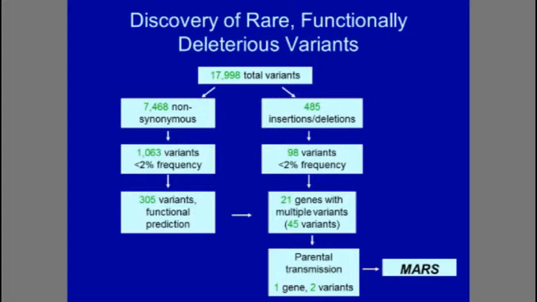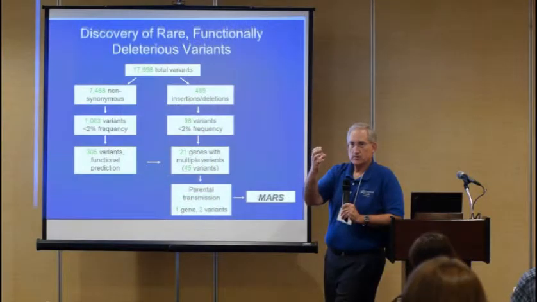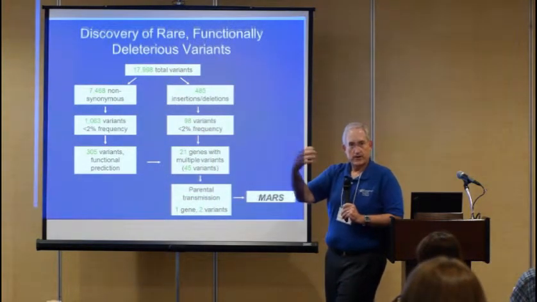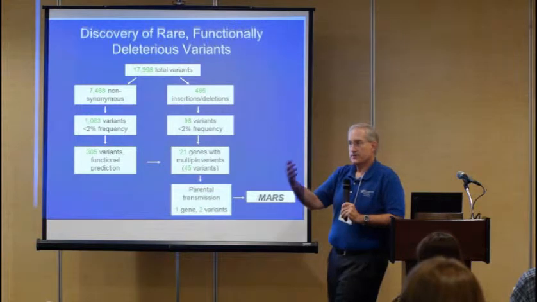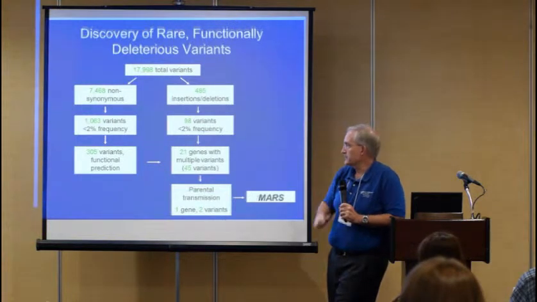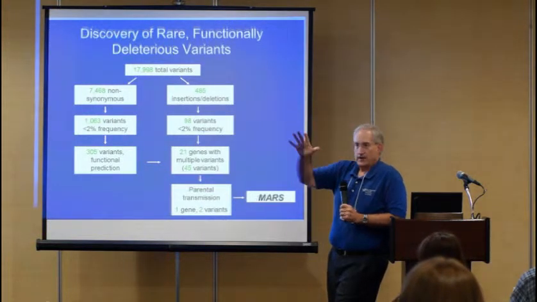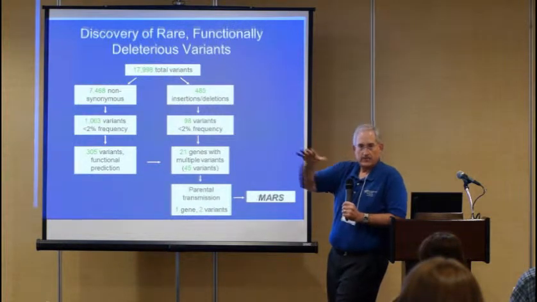Now, there are no good ways of doing this right now, but there are some computer algorithms that will take your information and try to model changes in the protein and predict whether or not the protein's function is going to be affected by this particular variant. We use 5 different algorithms.